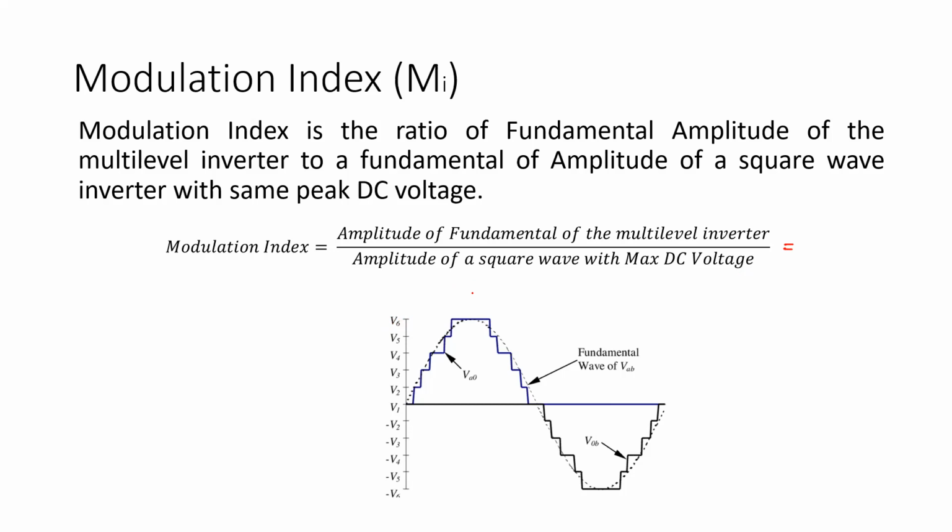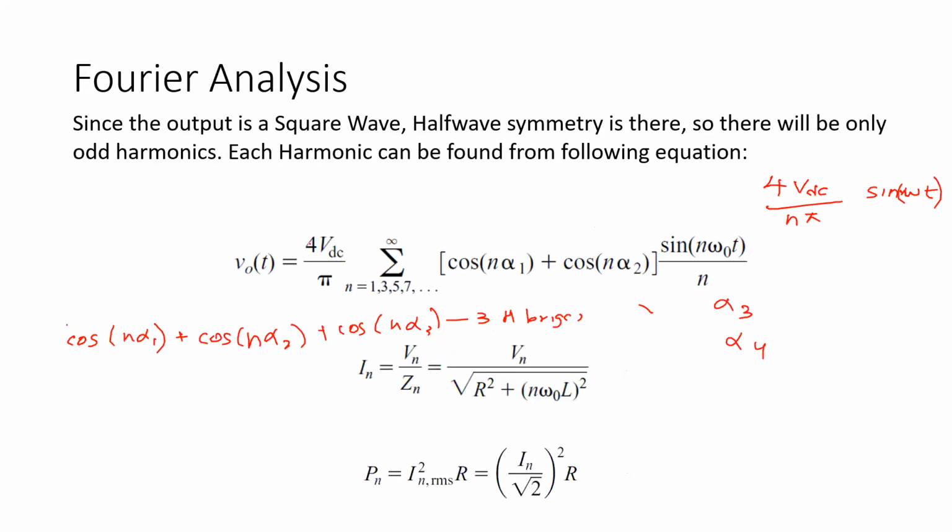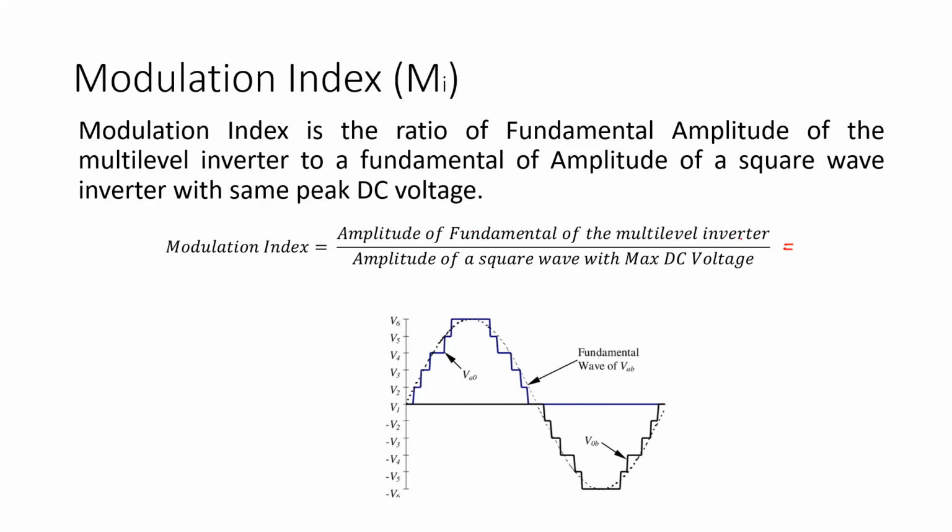The main idea is you are comparing the fundamental amplitude of a multi-level inverter. We know how to find the multi-level inverter amplitude, and we are taking the same DC bus, but here it is the combination of all DC sources because we have to take the peak voltage.